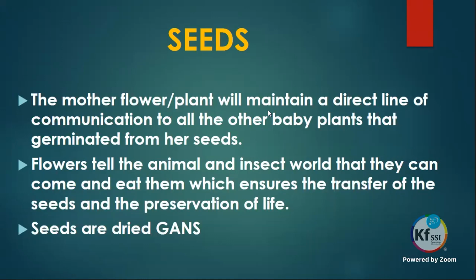And when you look at plants from a different perspective, plants produce these beautiful flowers, and it tells the animals and the insect worlds that they can come and eat them, to ensure the transfer of these seeds and the preservation of life.